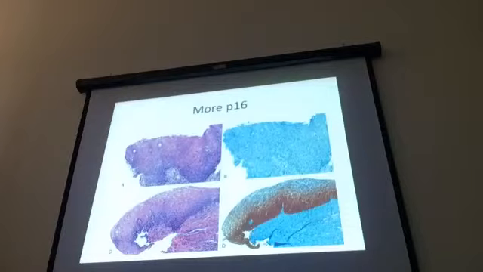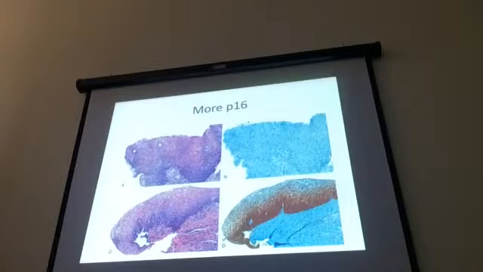Here's another example, and this is an area where P16 staining is not useful. If you're trying to differentiate a low-grade lesion from a reactive lesion, P16 isn't very helpful. Sometimes it will be positive, sometimes partly positive, but sometimes it may be negative. I think these both turn out to be low-grade lesions, but you can see that the staining is inconsistent.